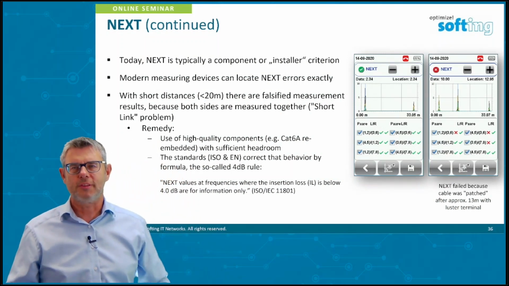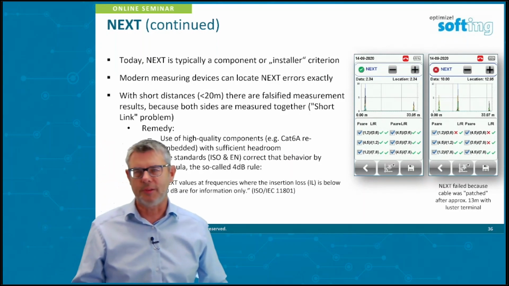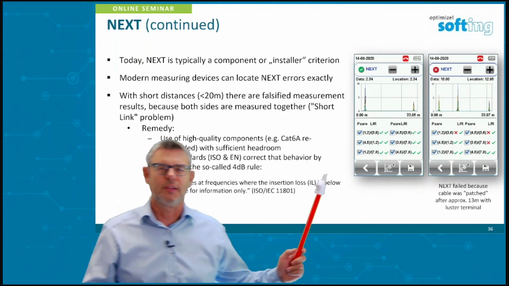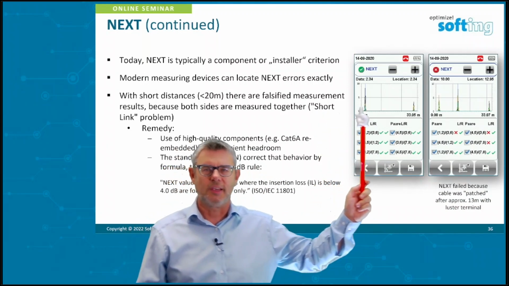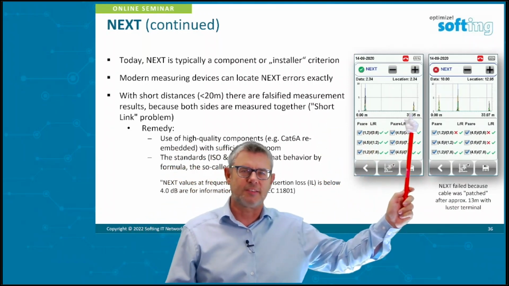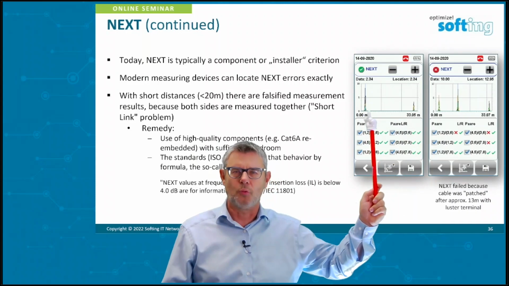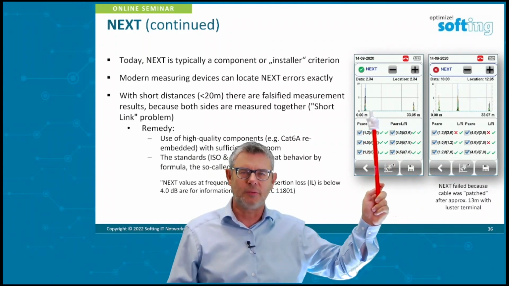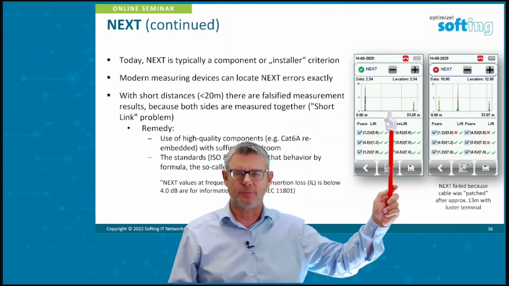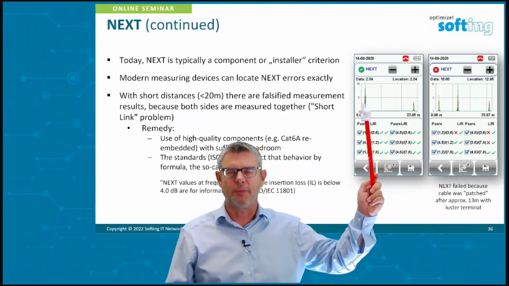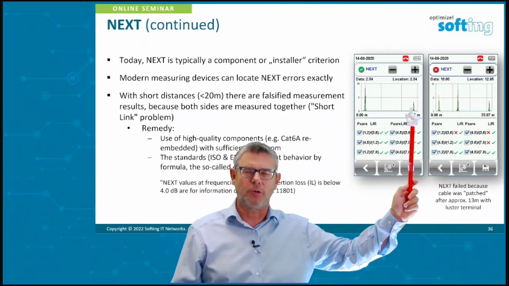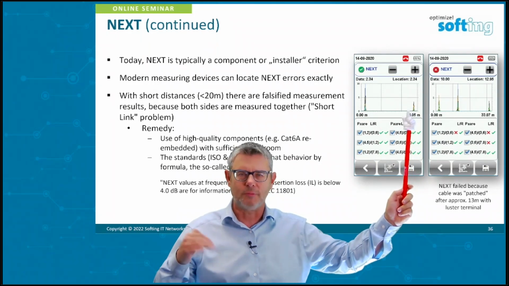And to support this localization of the problem, we have a functionality called the locator. And the locator here, as you can see, is giving us a distance indication. Where on my link are the NEXT issues, or where are the NEXT problems? Okay, this one is a good one. We've got one disturbance in the beginning of the link and one at the end of the link, again, one NEXT effect.